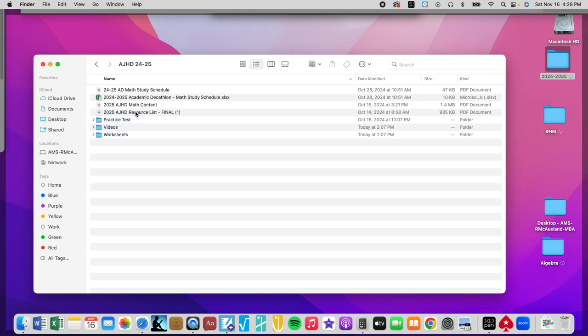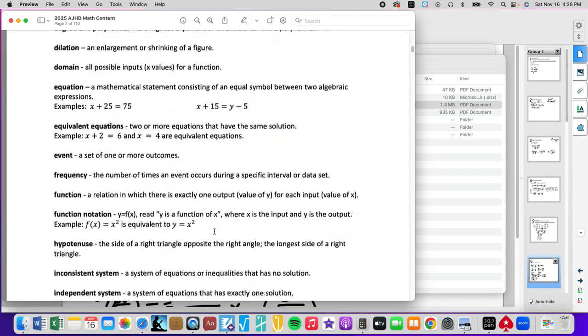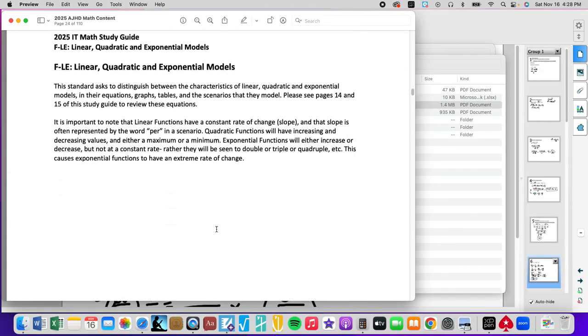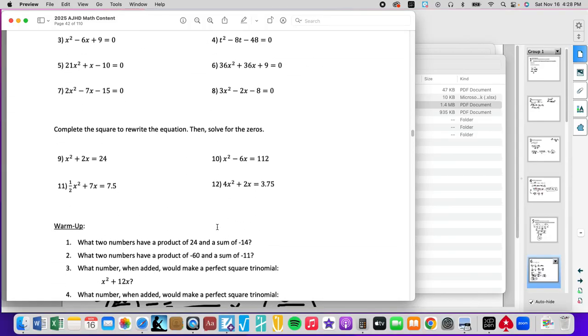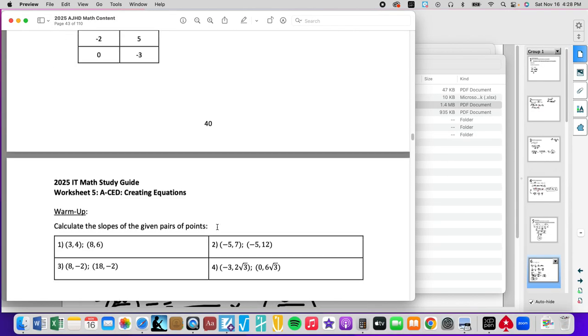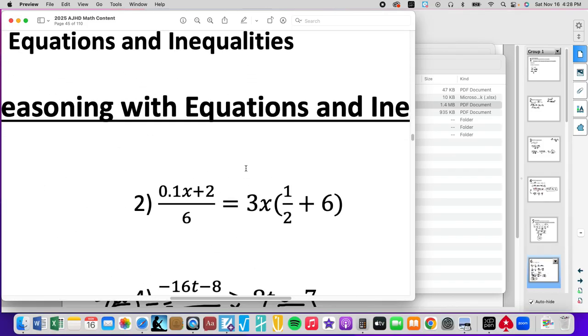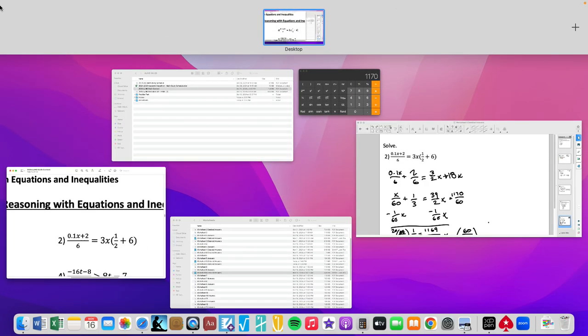Because clearly, math contest content. We're on worksheet 6. Five. No, that's correct. That's what I have.